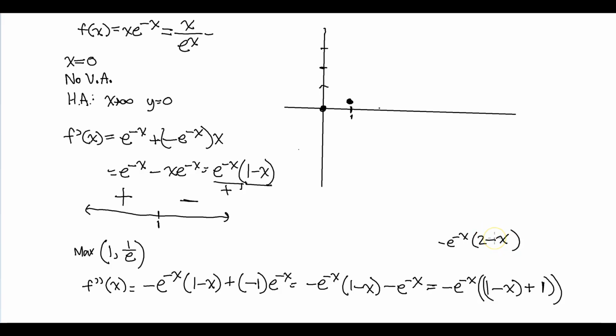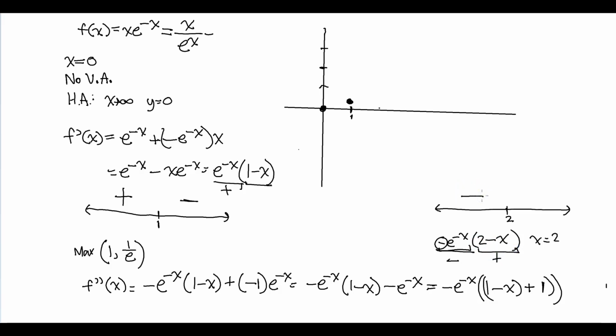You can see that there's a potential point of inflection at x equals 2. We want to check, and this term is always negative since you have that negative sign over here. So for x less than 2, you have a negative times a positive, so that's always negative.